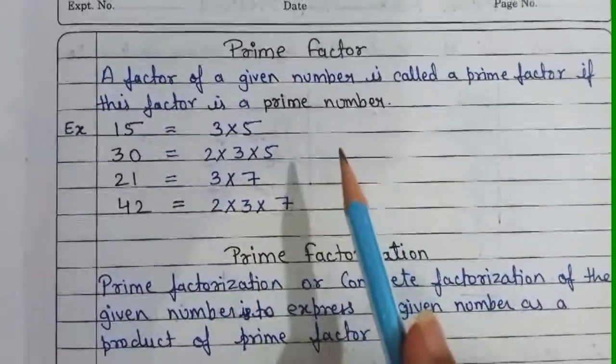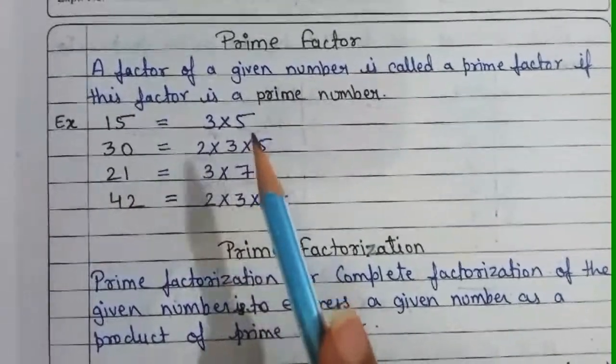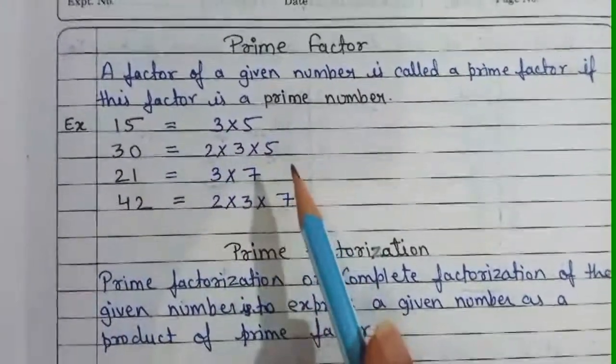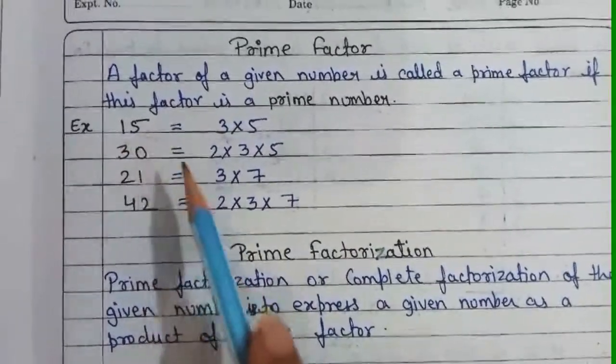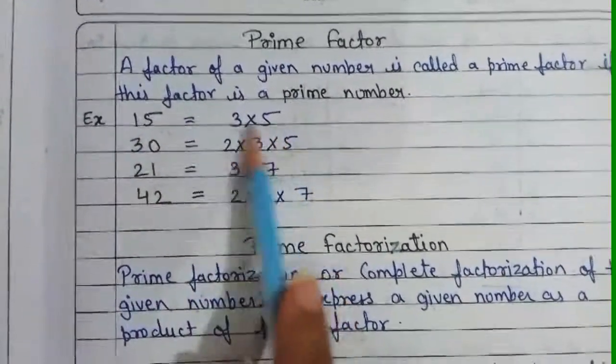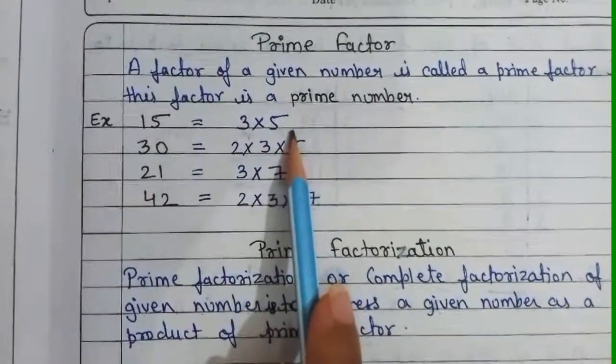If a factor of a given number is a prime number, then it is known as a prime factor of the given number. Example: 15. 3 and 5 are the factors of 15. Also 3 and 5 are prime numbers.